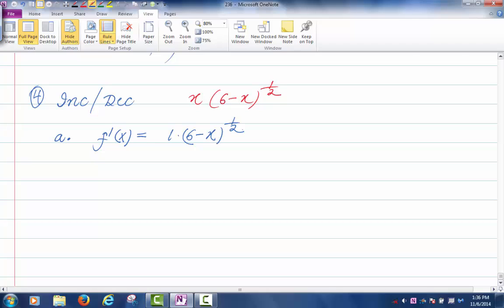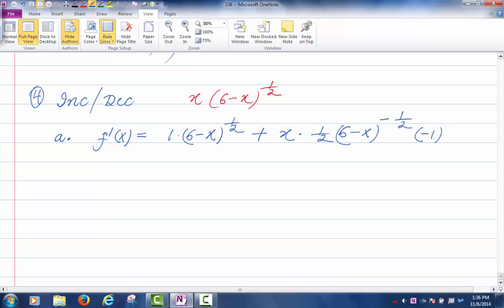So that's the derivative of the first factor multiplied by the second factor as it is. Plus the first factor multiplied by the derivative of the second factor, which would be half 6 minus x to the negative half, right? I still need negative 1, so negative 1 is the derivative of 6 minus x.